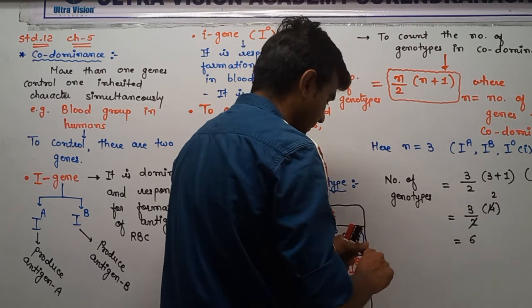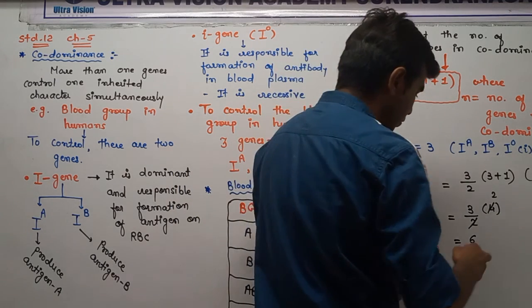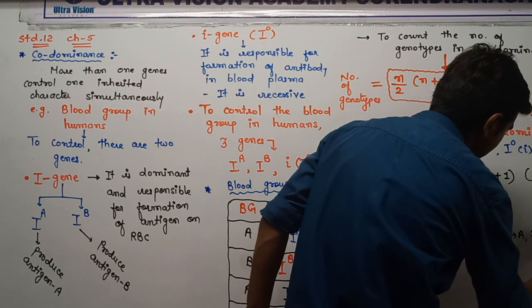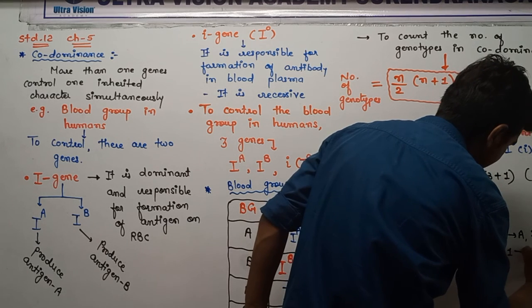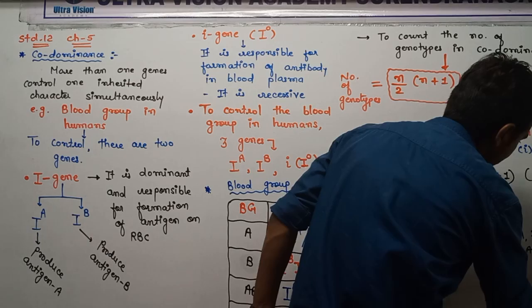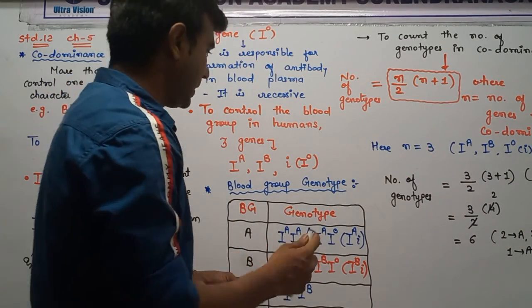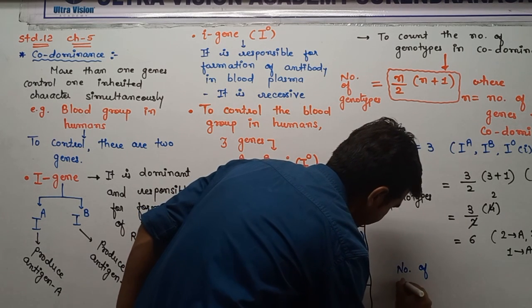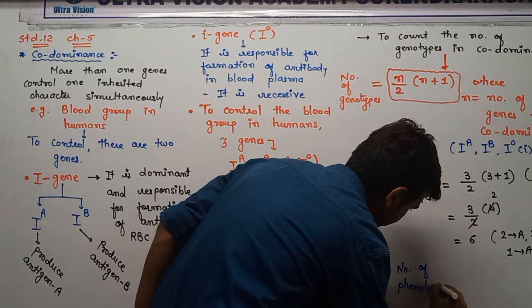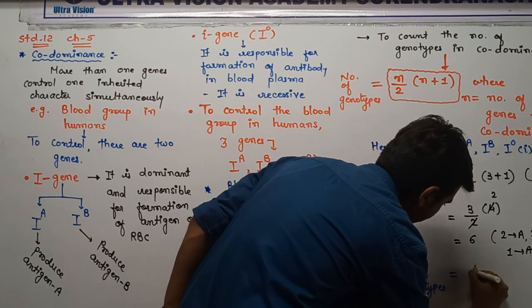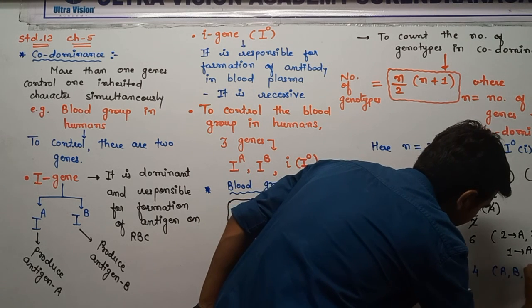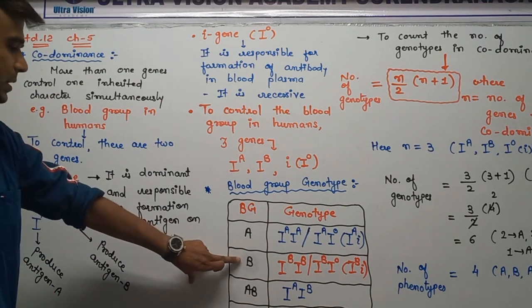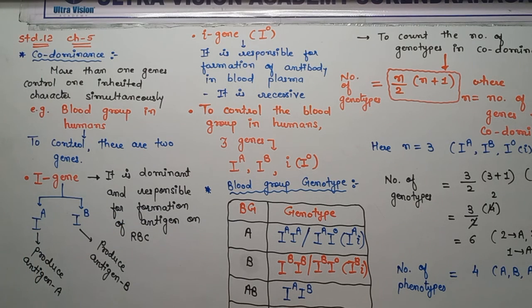And the number of phenotypes is four: A, B, AB and O. Fine.